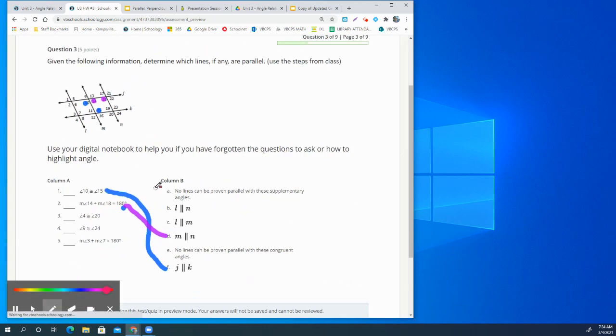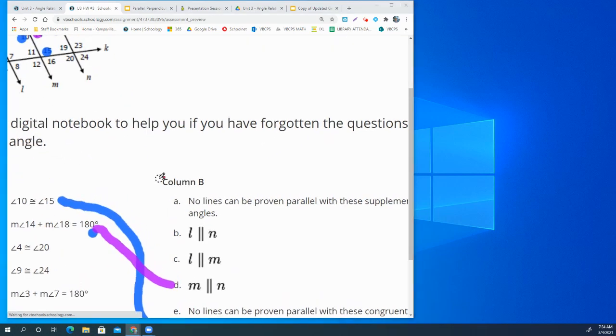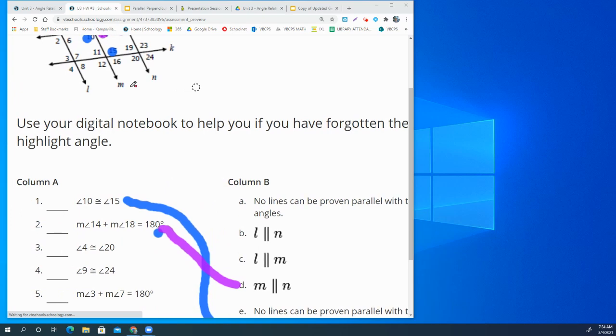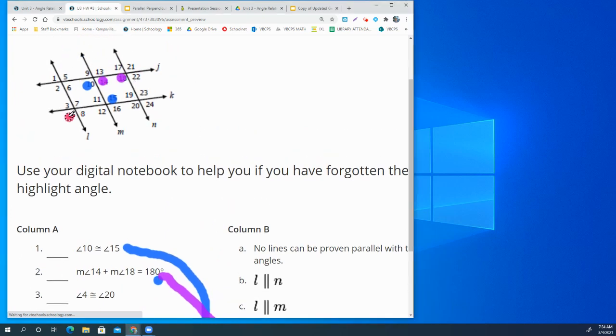Okay. Next one is 4 and 20. How are 4 and 20 related? They're on transversal K. They're corresponding angles.